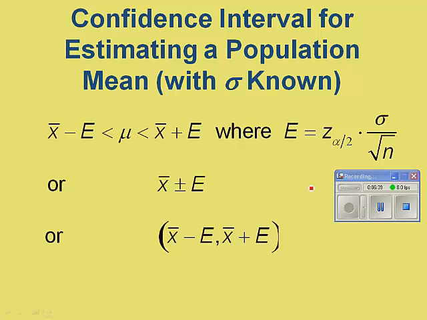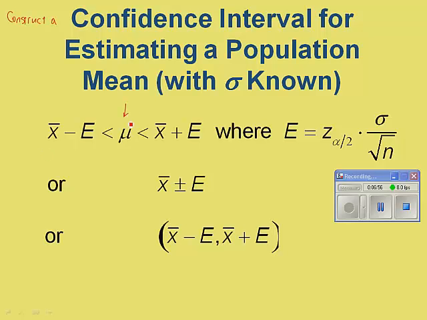All right, so now we're going to learn how to construct a confidence interval. This is the second thing I need to teach you. How do we construct a confidence interval? All right. So what's going to happen?